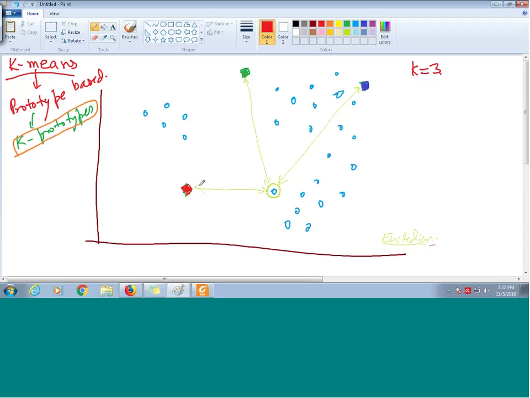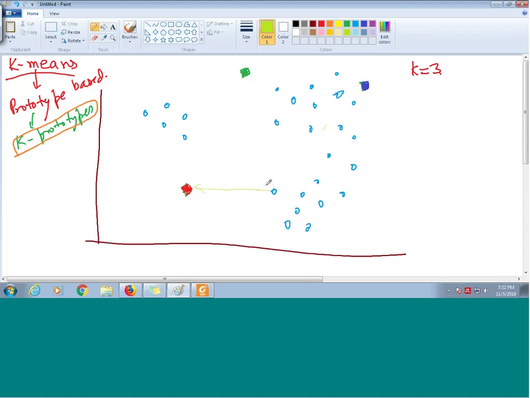In this assignment, this connection does not have any meaning, so I would remove it. This is also not right. So this item is actually assigned to this one. You understand this?